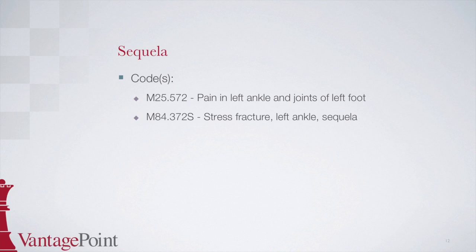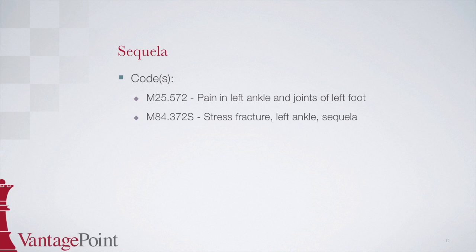When we go to the tabular, subcategory M84.37 is for stress fracture, ankle, foot, and toes, with codes for right, left, and unspecified ankle. Therefore, we are at M84.372 for left ankle, but the book indicates that a 7th character is required.